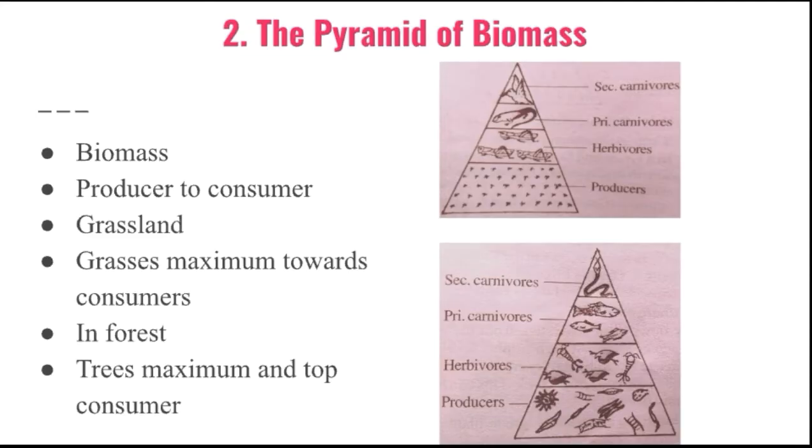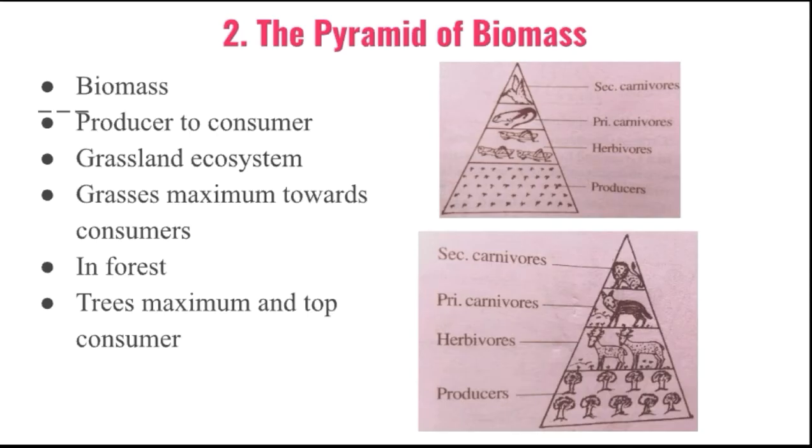Next is the pyramid of biomass. Biomass refers to the total weight of living matter per unit area. In every ecosystem, the biomass decreases from the producer level to the consumer level.